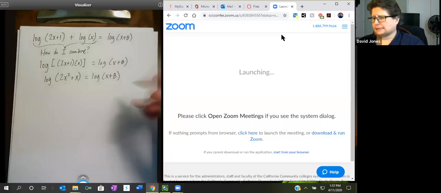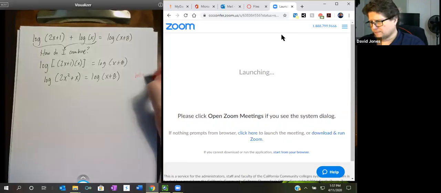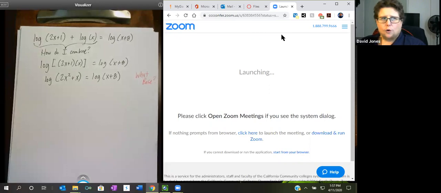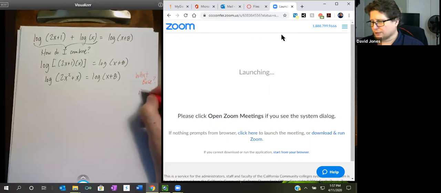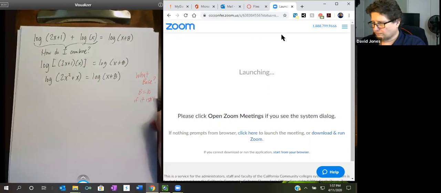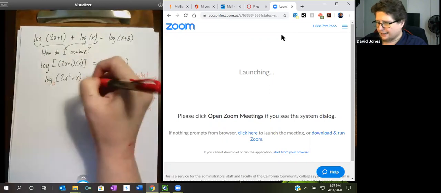What base? When it doesn't show it, b equals 10. I can put a 10 in.